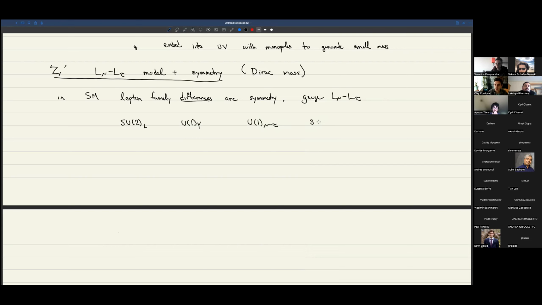We'll ultimately have some non-abelian horizontal group SU3H. And then we'll have three other quantum numbers that I'll call L tilde, N, and L, which will just be L tilde minus N. Okay, so these are our gauge groups.